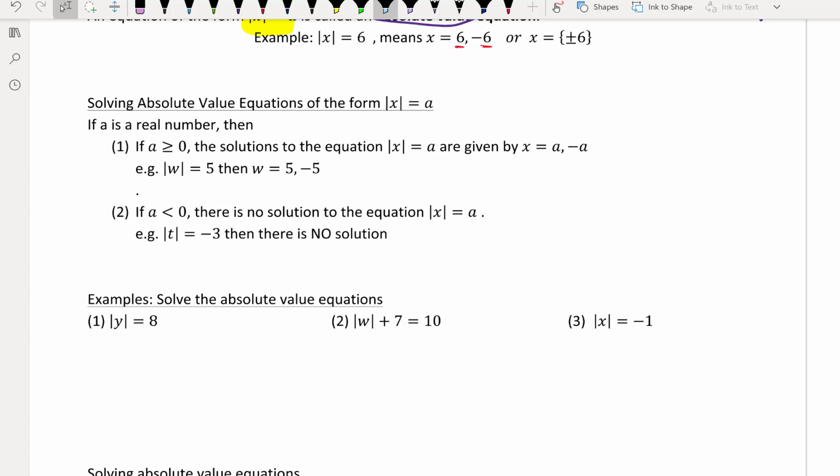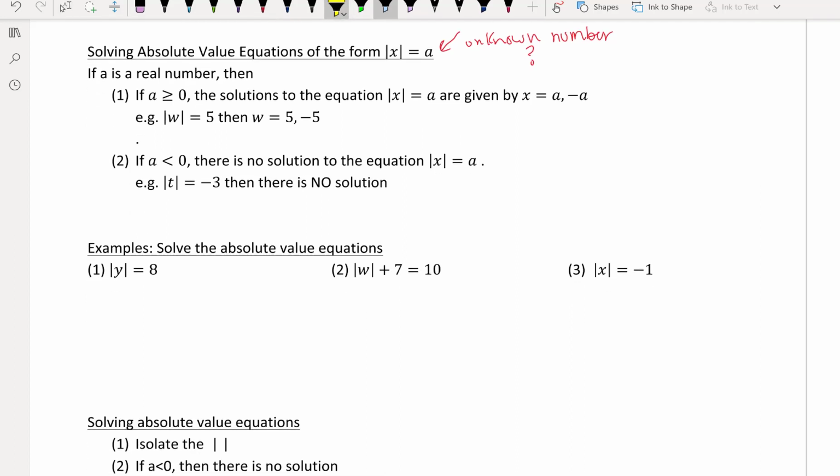Whenever the absolute value is isolated and it's equal to some number, let's just call that your unknown number, who knows what that is, but whatever it is, it's going to split up to the positive and negative of that value. For example, if the absolute value of w is equal to 5, then the values of w are going to equal 5 and -5.